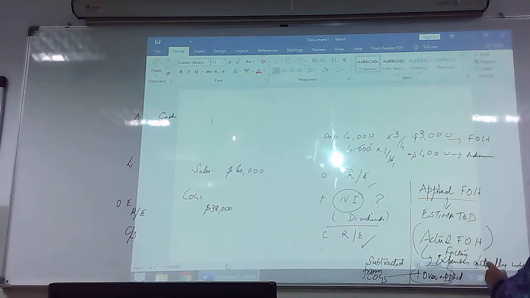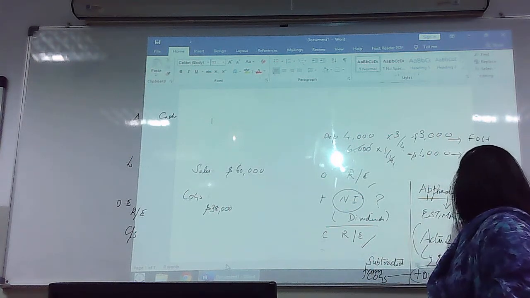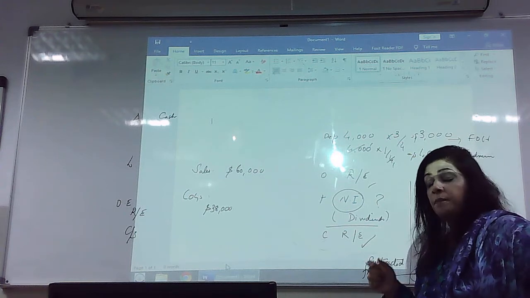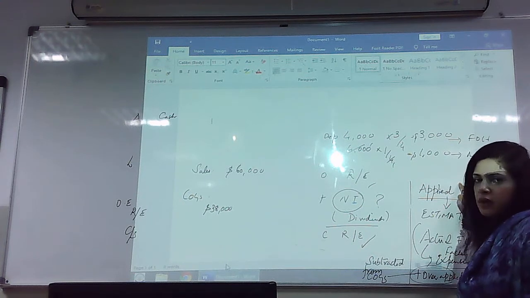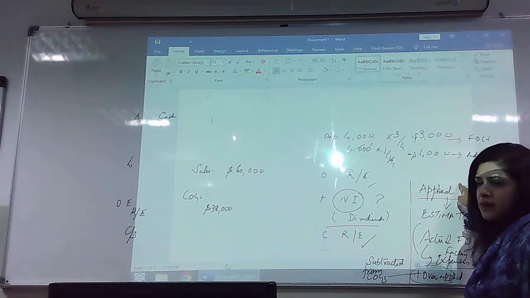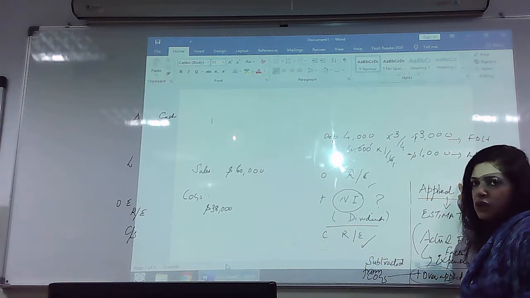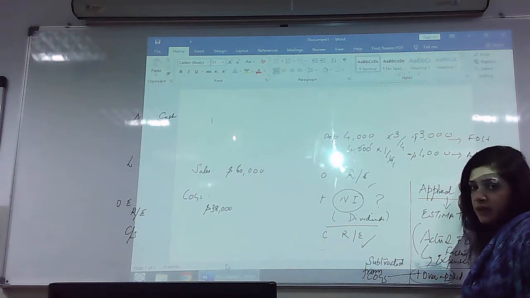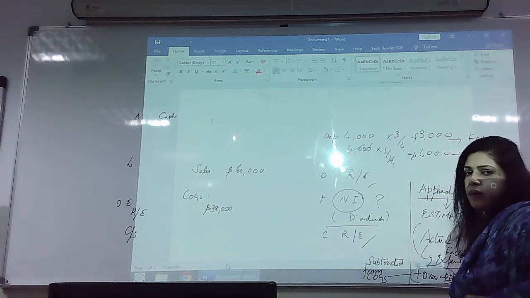However, if it is negative, then it will be underapplied. As you can see from the name, underapplied means understated. That means if applied factory overhead is understated, perhaps I had asked for funds for, let's say, goods worth $2,000, whereas I actually fell short of goods that I needed, and my actual expense came to $4,000.